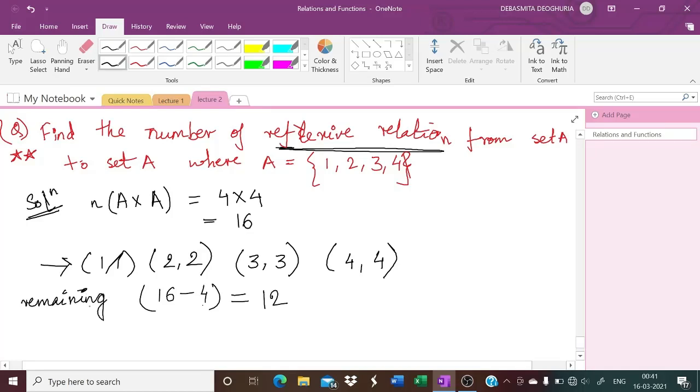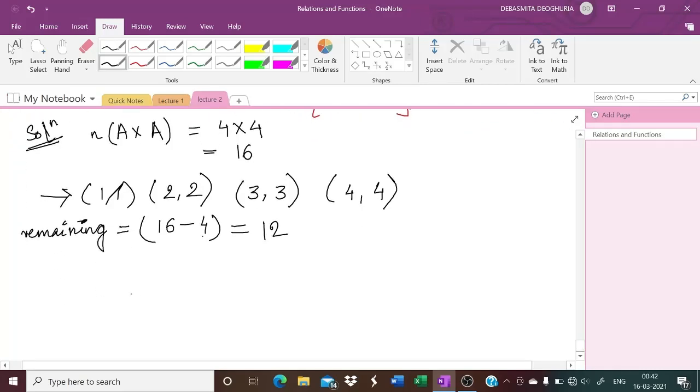Now these remaining 12 ordered pairs, we have already discussed in the beginning what we call these ordered pairs. These 12 remaining ordered pairs will have two choices.